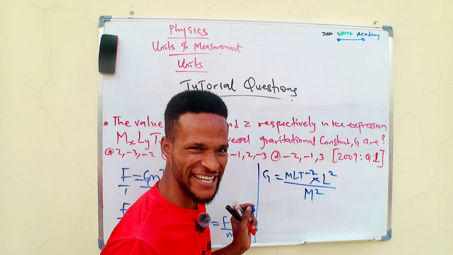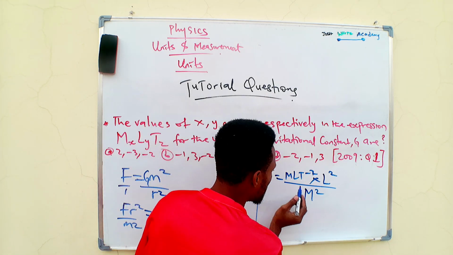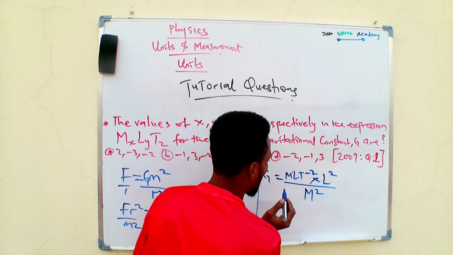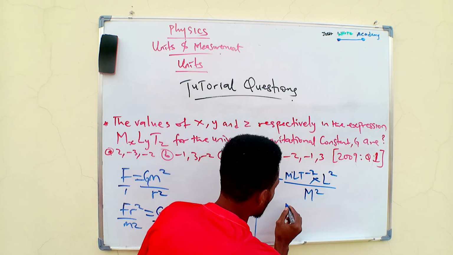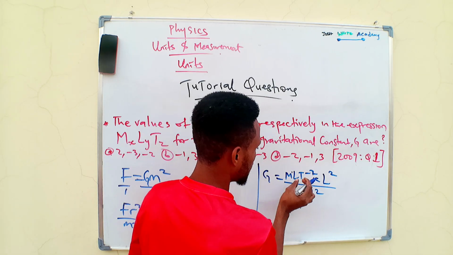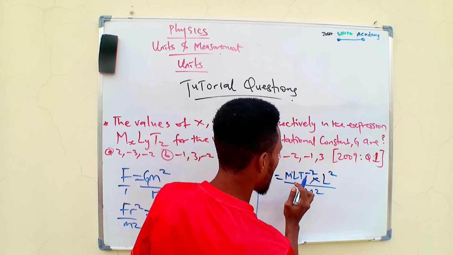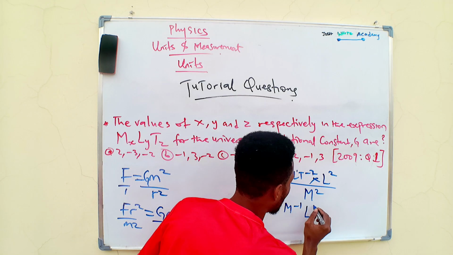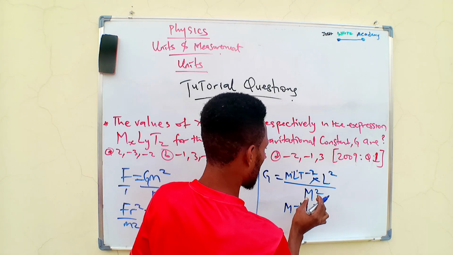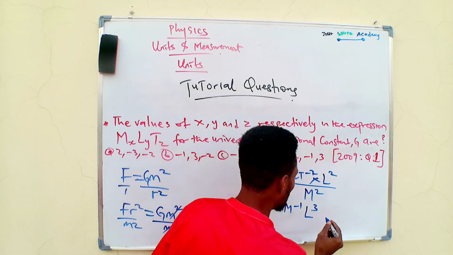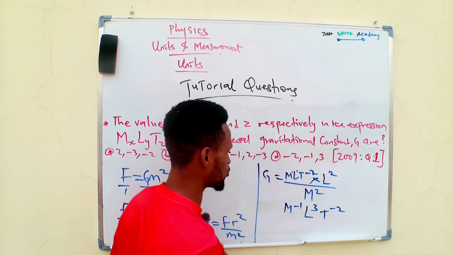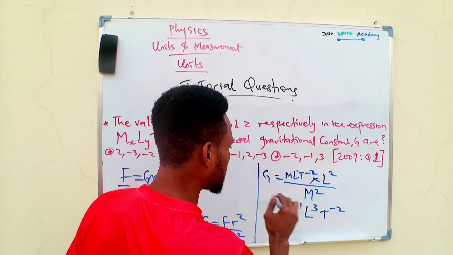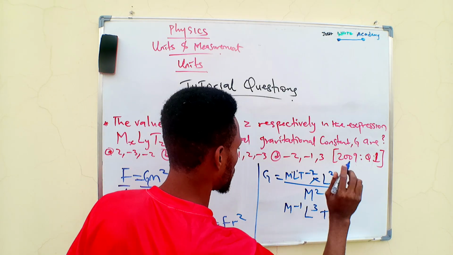Now let's do the indices here. M is up, M is down, and here is 1, so 1 minus 2 will be M minus 1. There are two L's here: L1 multiplied by L2 will give you L raised to the power of 3. And T is only 1, so it will be T raised to the power of minus 2. So M minus 1, L3, and T raised to the power of minus 2.